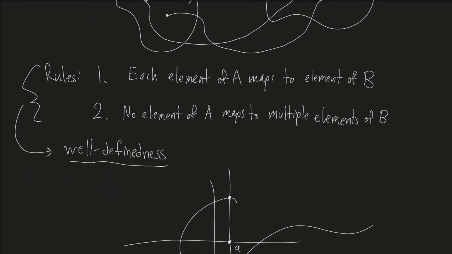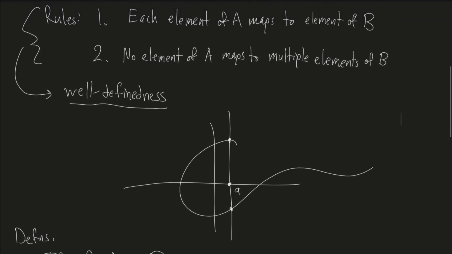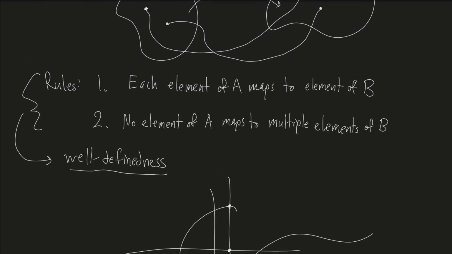And particularly, we would have to violate our sort of analog of the vertical line test, right? When it does violate this, so this mapping to multiple elements, that's called multi-valuedness, or multi-valued.